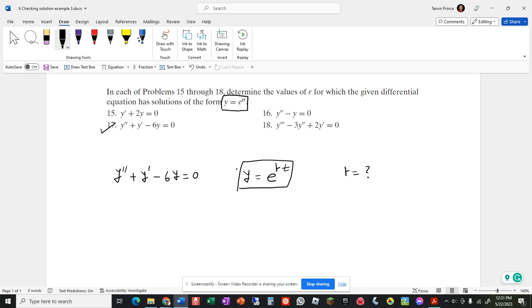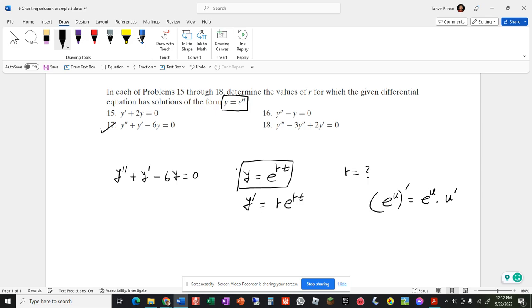So of course we have to start with finding the y prime and y double prime. Remember, r is a number. It is an unknown number, but it is a number. So the derivative of e to the rt is r e to the rt. Remember, the derivative of e to the u is e to the u times u prime, right?